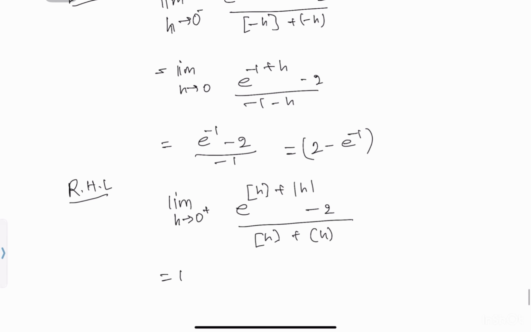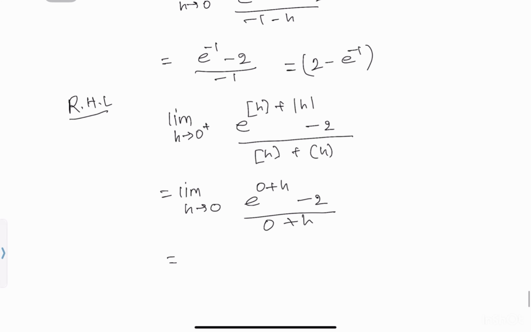This becomes limit h tending to 0 positive, e to the power h gives you 0. Okay, that means e to the power 0 plus mod h, always h, because h is always a positive number now. So minus 2 by this is 0 plus h.